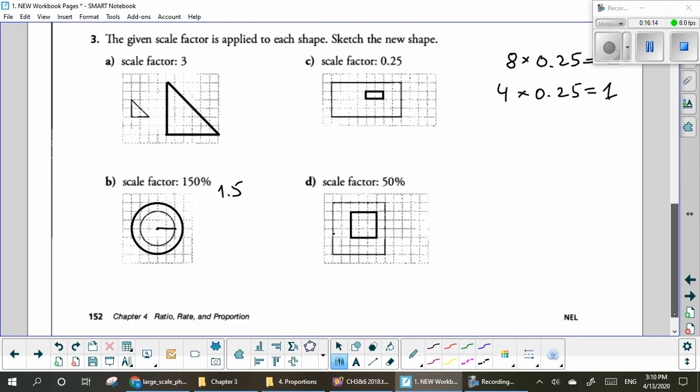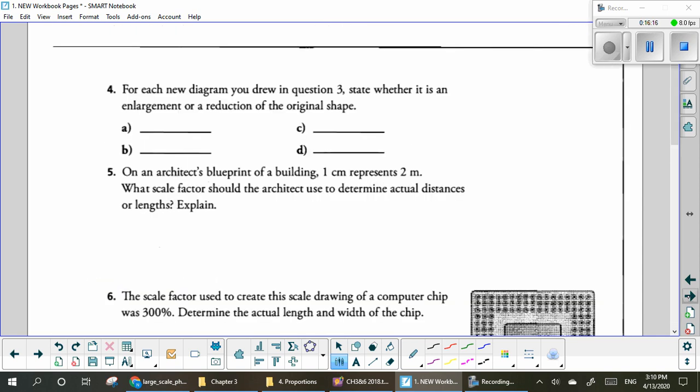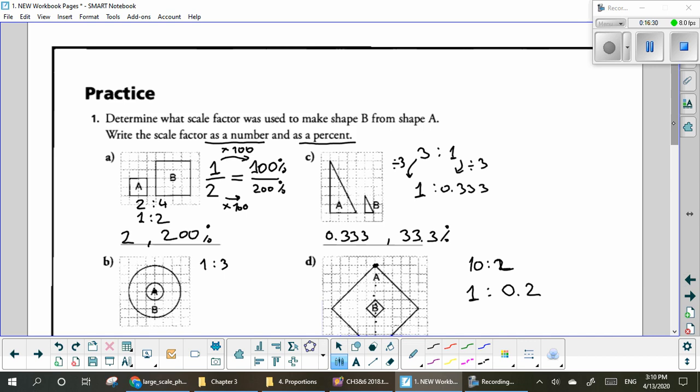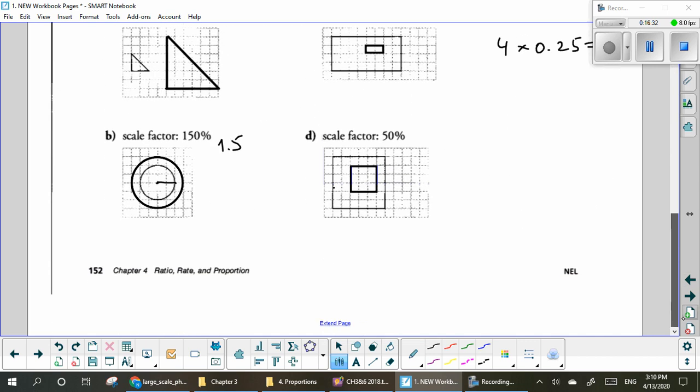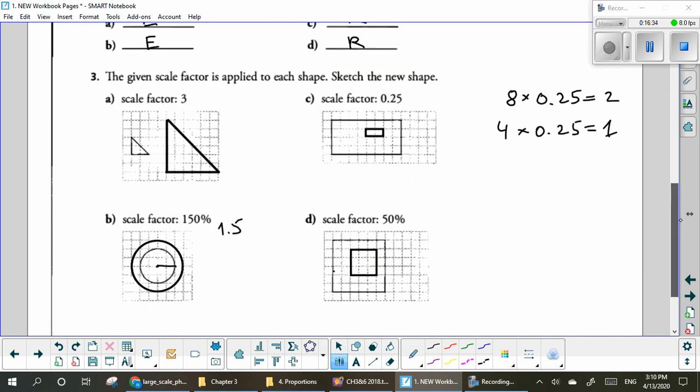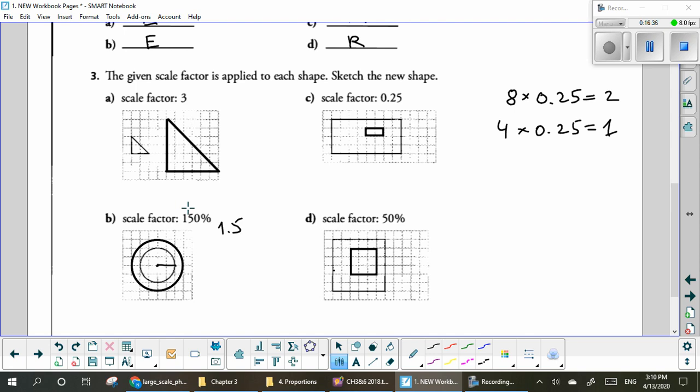All right, moving on to next question. For each new diagram you drew in question 3, state whether it is an enlargement or reduction. So again, I'm going to put E, and I'm going to put R here for reduction. So if we go back, we will see that in the first two, A and B, we had an enlargement.